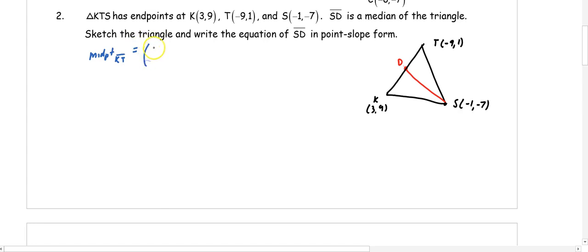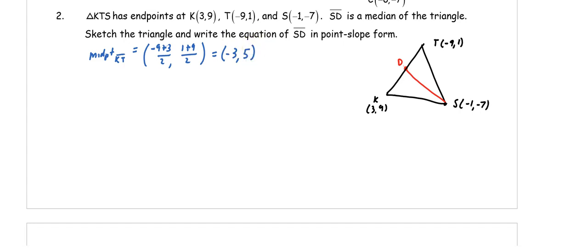So when I do that, I have -9 plus 3 over 2 and 1 plus 9 over 2. So -9 plus 3 is -6, divided by 2 is -3. 1 plus 9 is 10, divided by 2 is 5. So I now have the midpoint. Then I need to find the slope of my median. So I need to find the slope of SD. So we now know that D is (-3, 5).